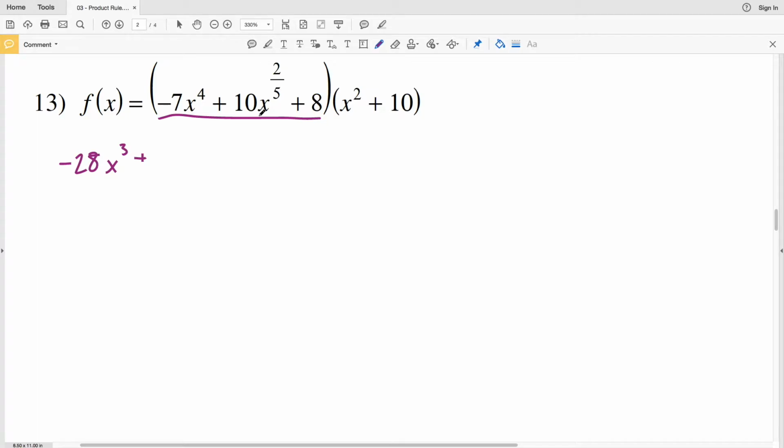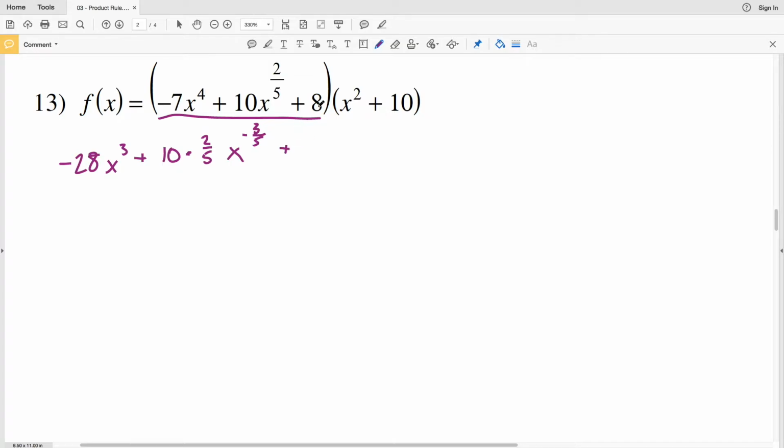And I'll be adding that to 10x to the 2 fifths, which is going to be 10 times 2 fifths x to the 2 fifths minus 1, which 2 fifths minus 1 is going to be a negative 3 fifths, because we can think of that as 2 minus 5, which is a negative 3, and that's all over 5.